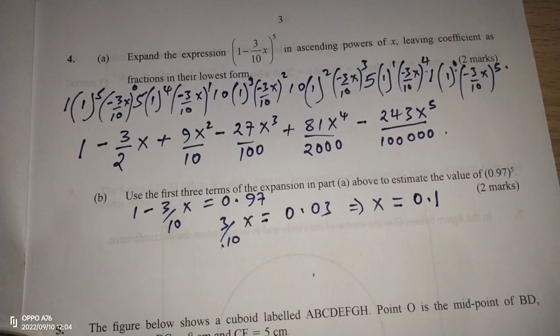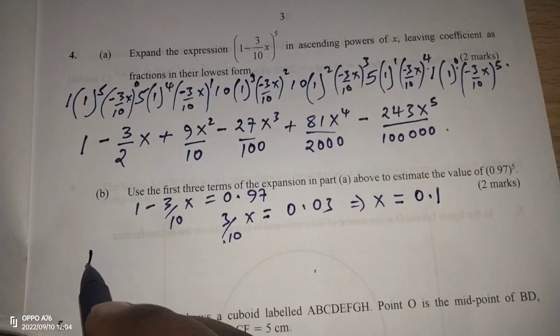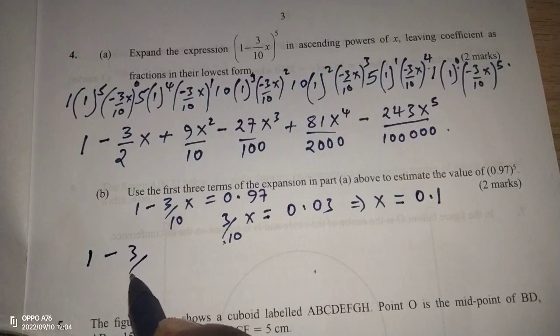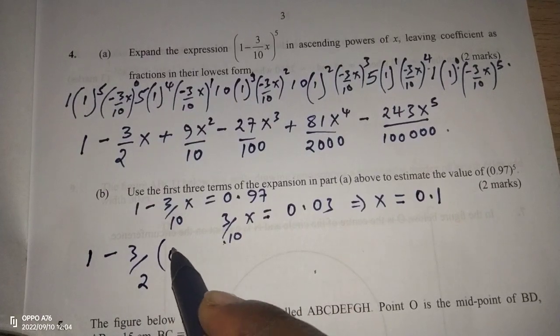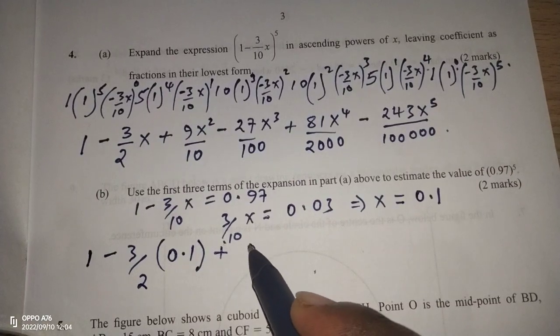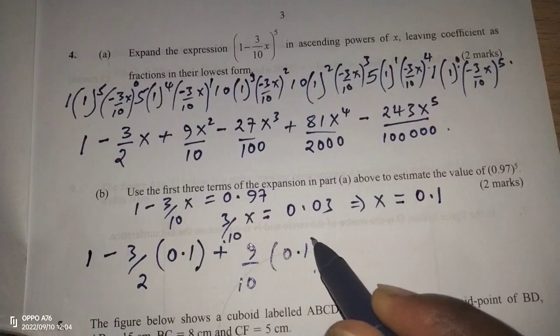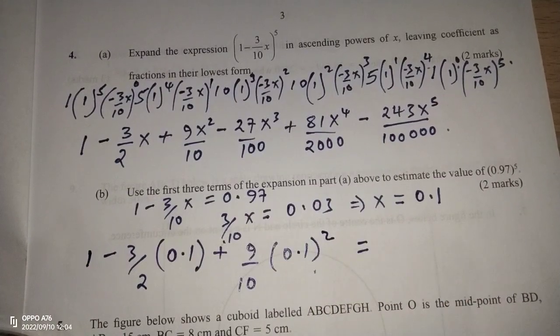And now we are going to substitute it in the first 3 terms of the expansion. So we'll have 1 minus 3 out of 2, x is 0.1. Then we add 9 out of 10, 0.1 squared.